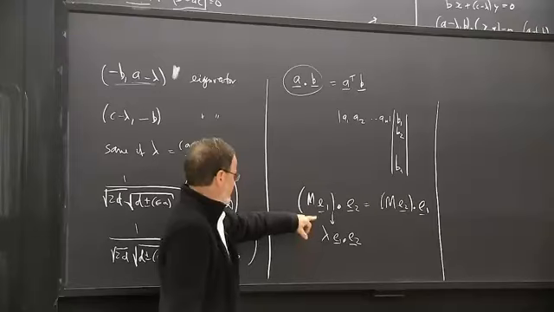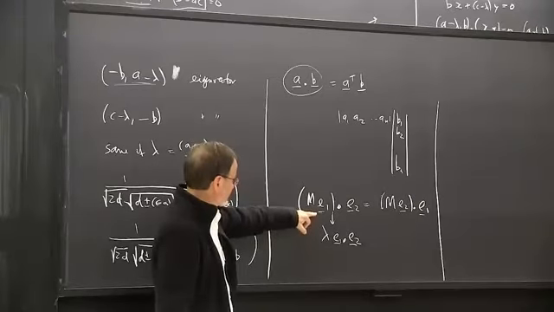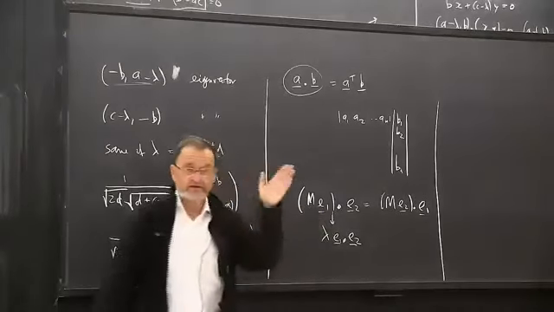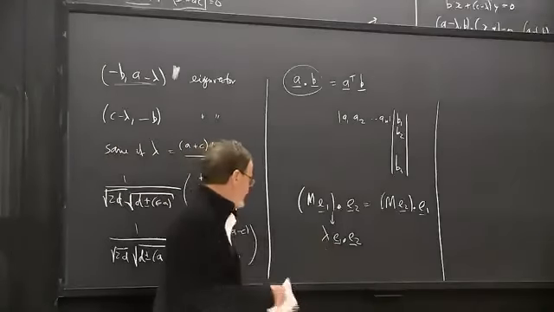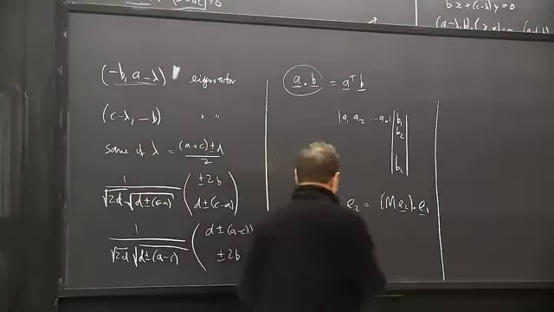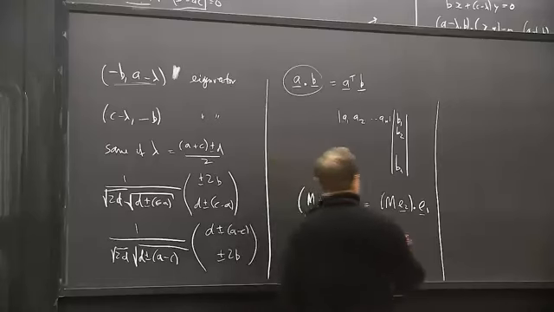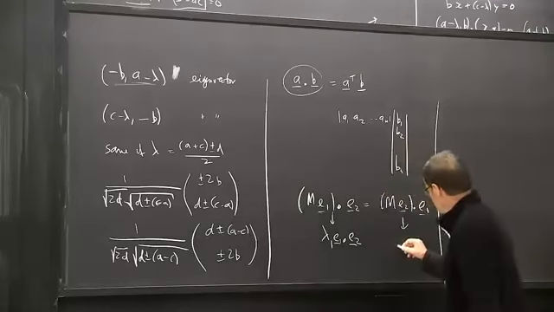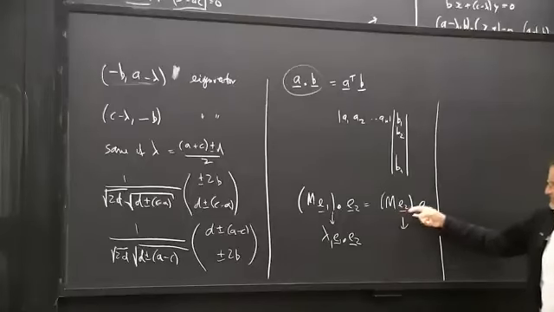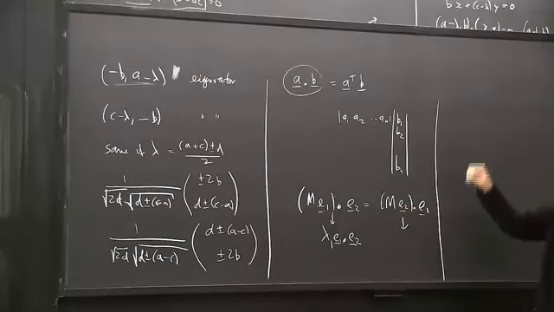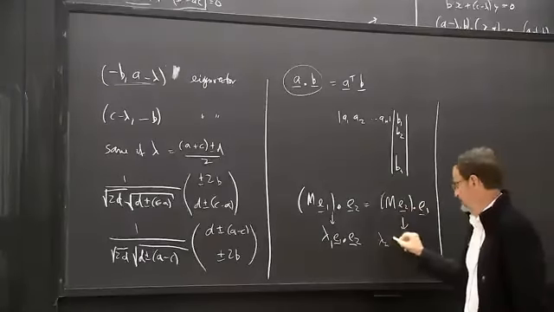Well, because the whole point of these eigenvector eigenvalues was that ME1 is going to be in the direction E1, but a different length, multiplied by the eigenvalue. And ME2 is the vector E2 just multiplied by its eigenvalue.